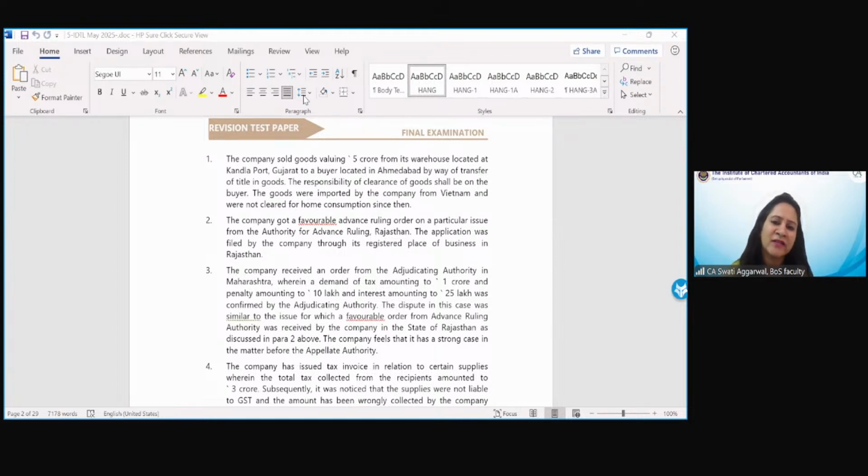May I know the reason, Pratik? Why are you putting your answer this one? Maybe not the section, you don't put the section, but you may write the relevant provision in support of your answer.